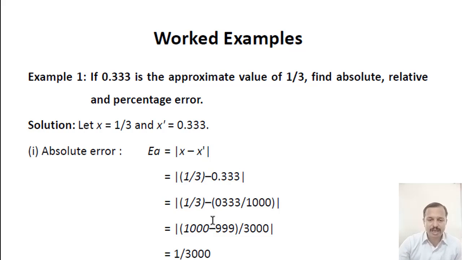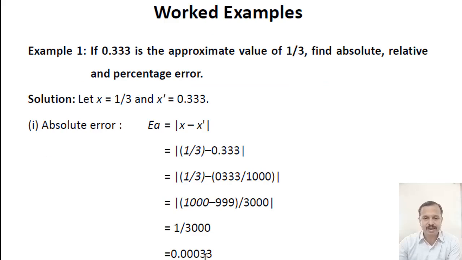We can do it like this, or directly use our scientific calculator and write the value as 1 divided by 3000. So this is how we have computed the absolute error. Now the value of 1 divided by 3000 we can write in a more systematic way as 0.00033. So this is the final answer for the absolute error.